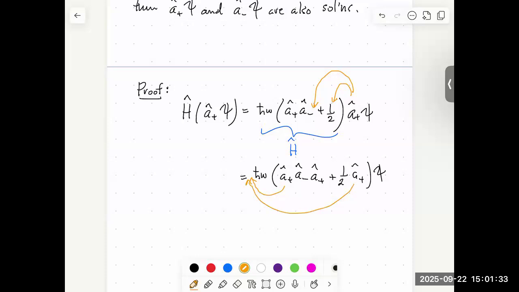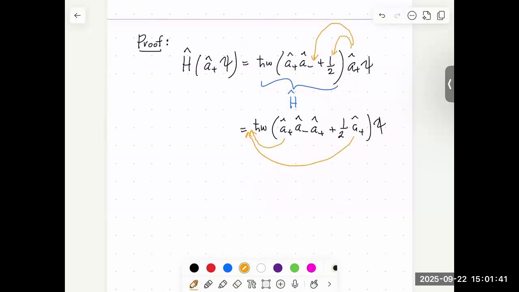So then when I multiply it back through, I get 1 there in the right spot, and I get 1 there. Okay, so that's fair enough. So this is equal to A plus h bar omega. And then what's left over? A minus A plus, plus 1/2, times psi.